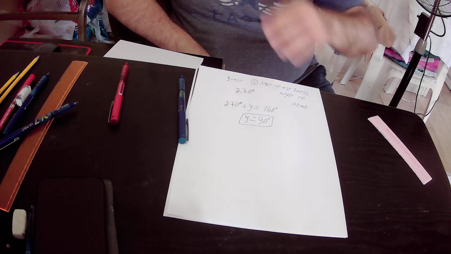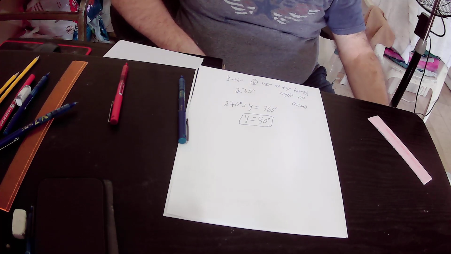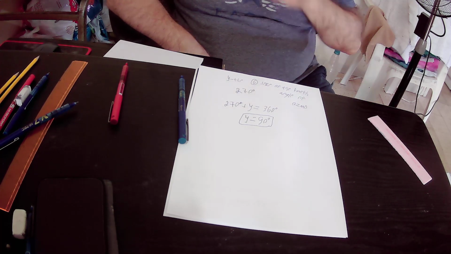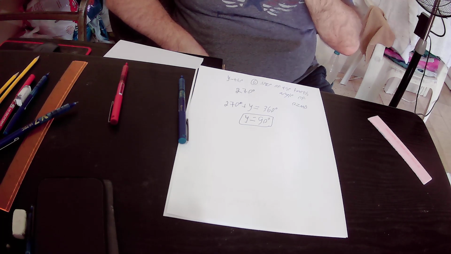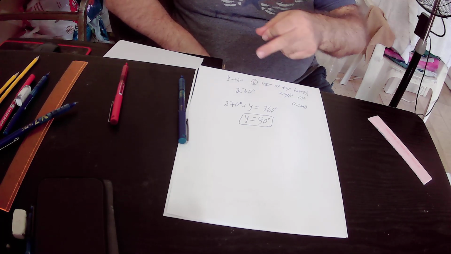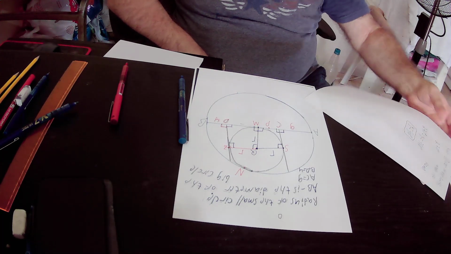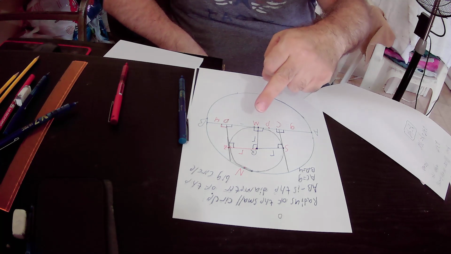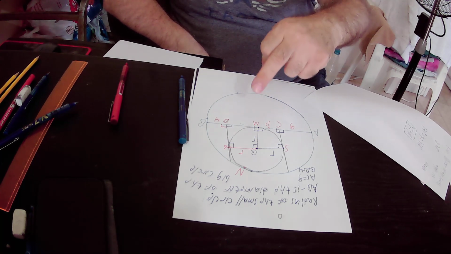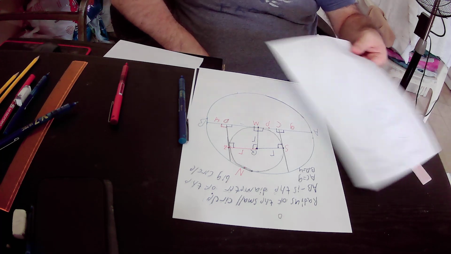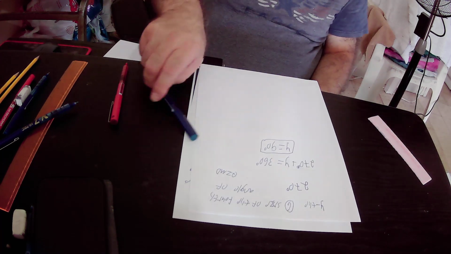So actually the size of the fourth angle inside quadrilateral QZMD is 90 degrees. That is to say, it is a right angle. So quadrilateral QZMD has 4 right angles. Okay, I'll write it down.